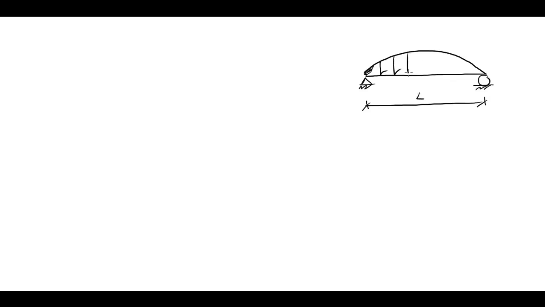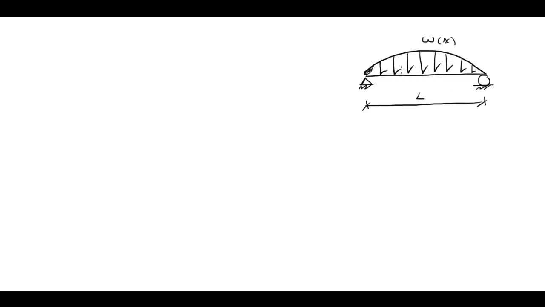Can you have a simply supported beam like this one, with a length that is equal to L, and the load looks like this? Okay, so this is my load, W of X.